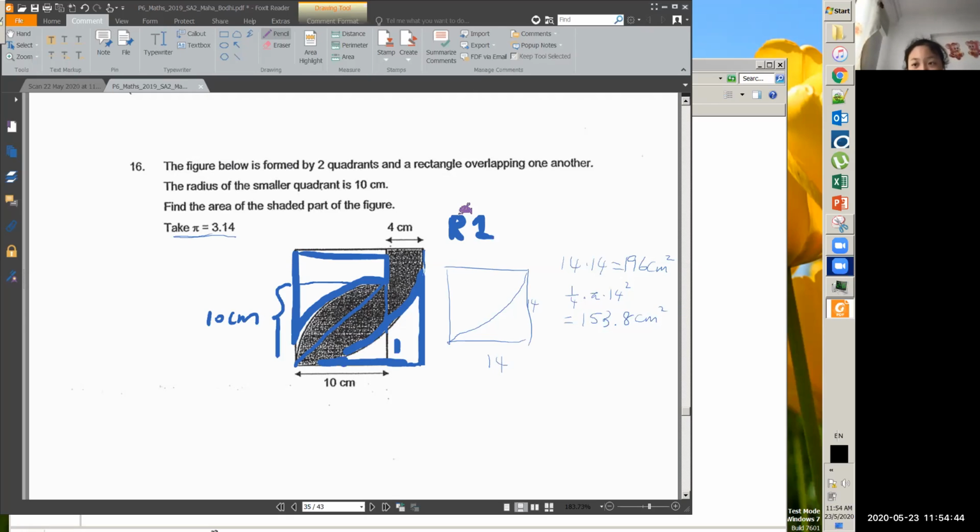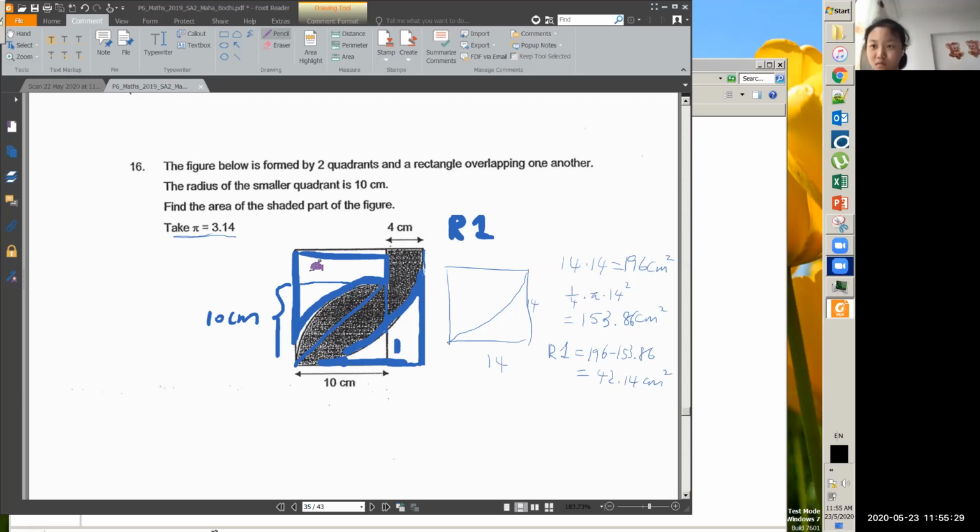So therefore, the empty part, which is region 1: 196 minus 153.86. So what is your region 1? 42.14.